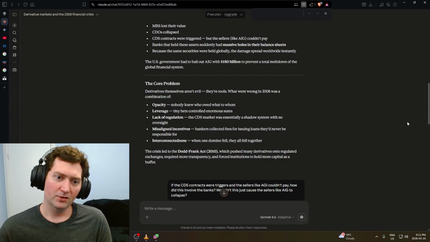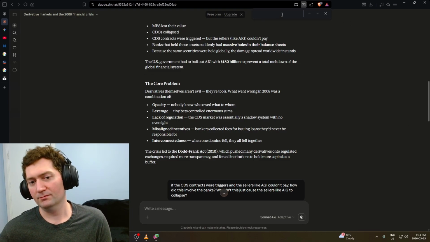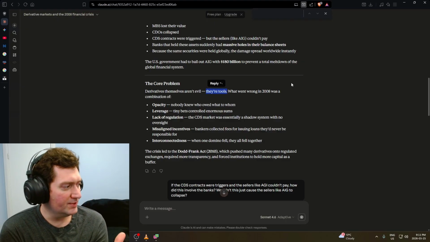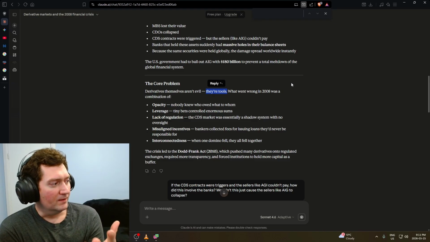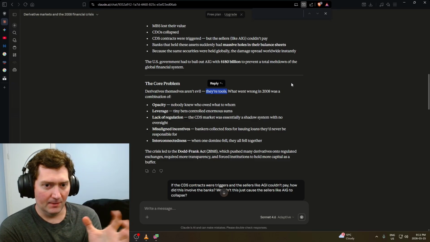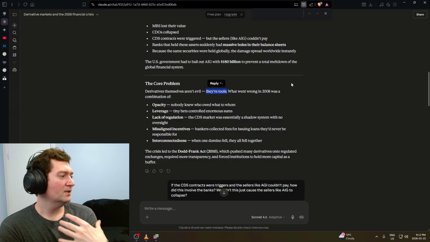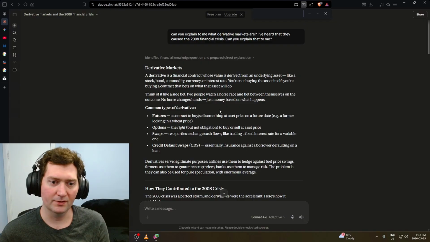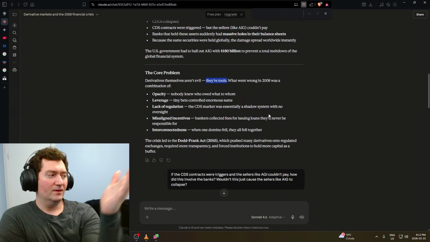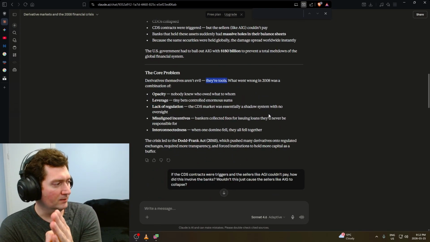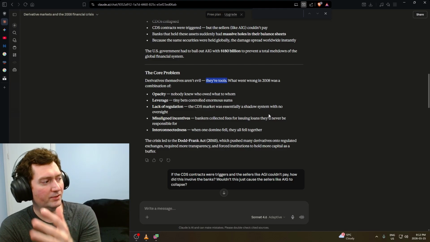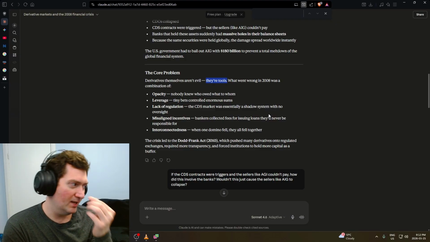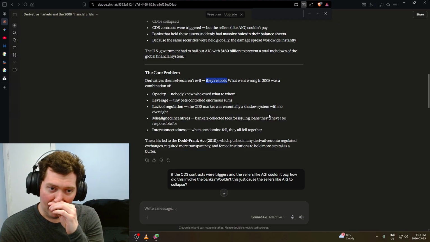The core problem. Derivatives themselves aren't evil, they're tools. Yeah. Like we've seen multiple times where this can be used to benefit people. A farmer can make yearly plans because he can take a price swap or whatever it's called, a futures contract that guarantees him a certain amount of money at the end of his year, and so he can budget out his whole year and know that this is going to be a profitable thing for him to do, and so then he can start planting and have it all planned out.